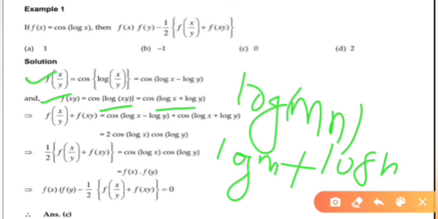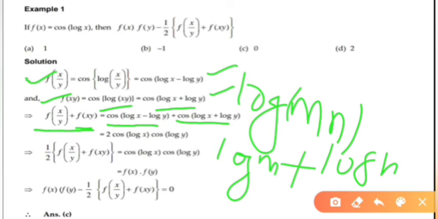First equation, second equation. That is f of x by y plus f of xy. Already we have f of x by y value is cos of log x minus log y, plus as it is, f of xy value is cos of log x plus log y.